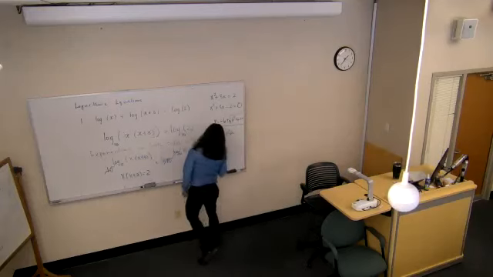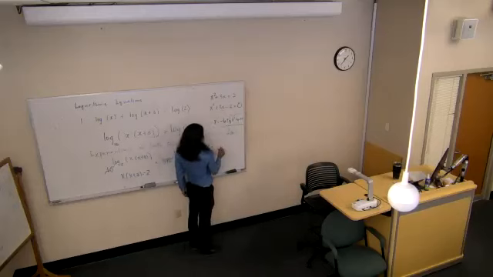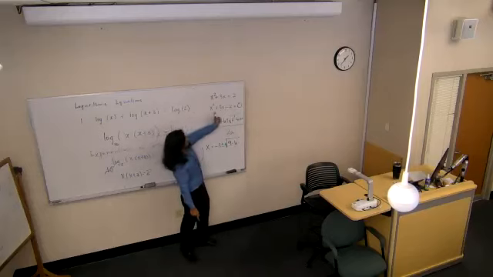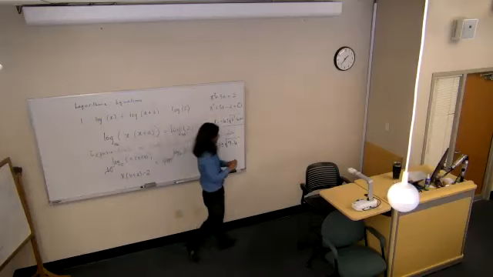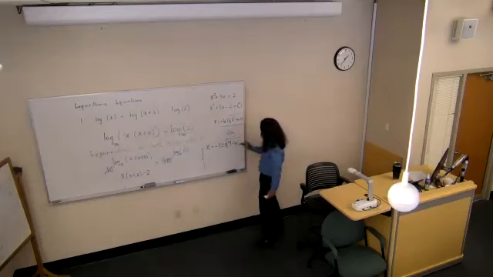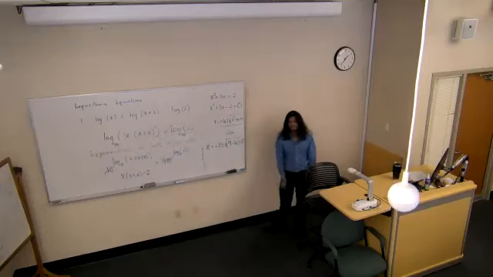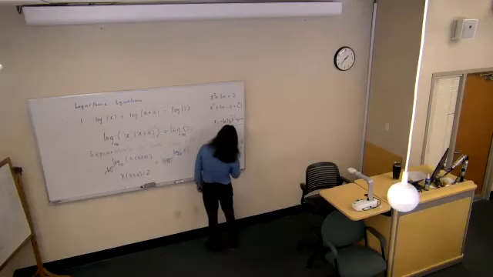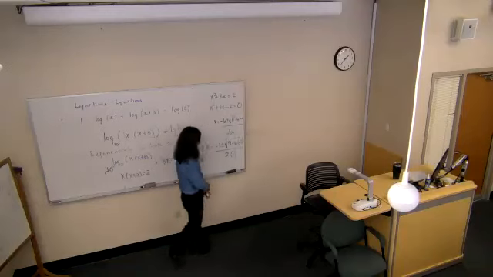So negative 3 plus or minus the square root of 3 squared, 9, minus 4 times A, which is 1, times C, which is negative 2. So negative 2 there. The entire expression divided by 2 times 1.